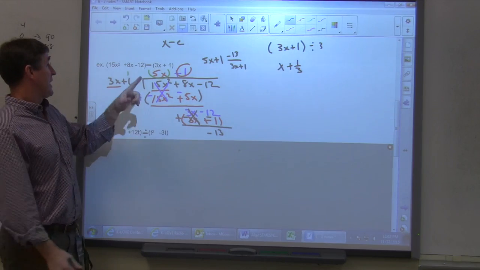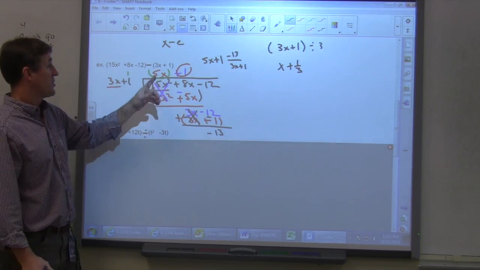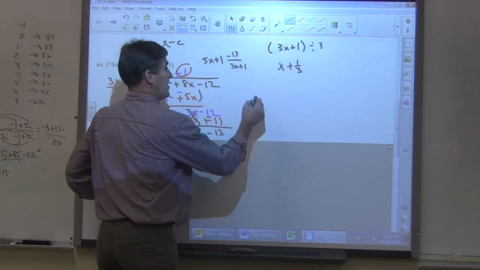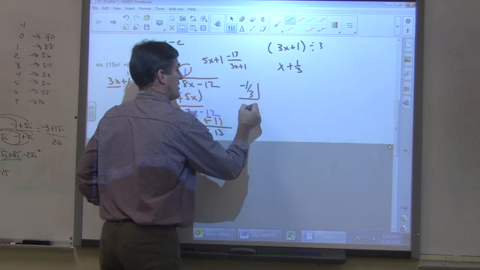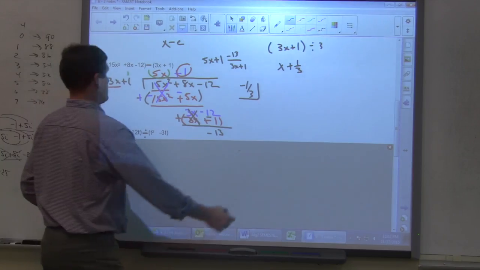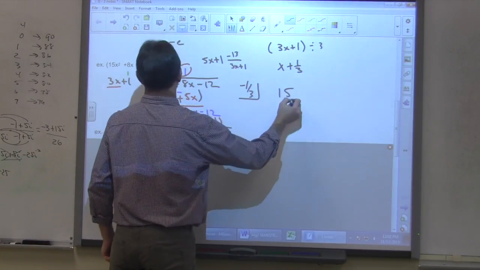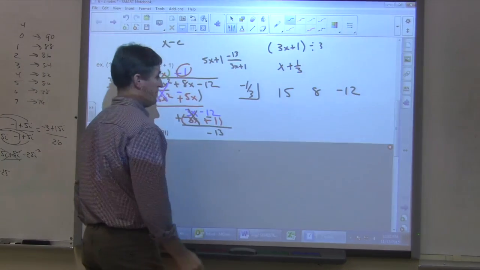Now the book, I would tell you, would divide this by 3. I like to wait until the end, so I'm just going to take this. So remember, the opposite of this goes in our little half box there. Now we put the coefficients, 15, 8, and negative 12.